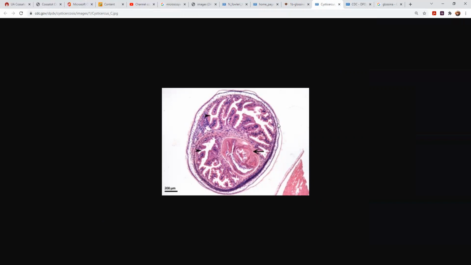So what we're seeing here is a particular part of the life cycle called a cysticercus that can become embedded in the muscle of the host, like pork or beef. And what you're seeing here is this curled up structure.